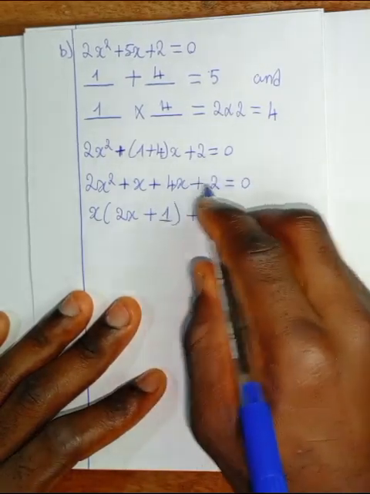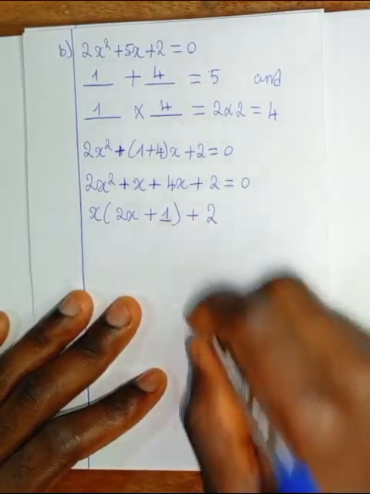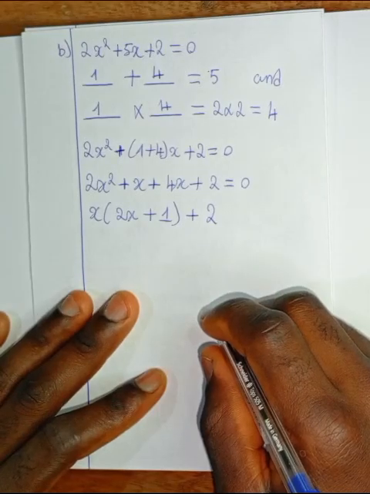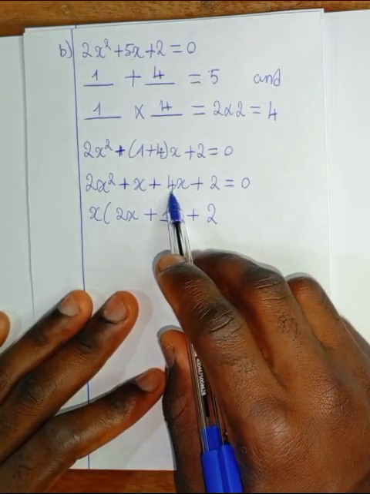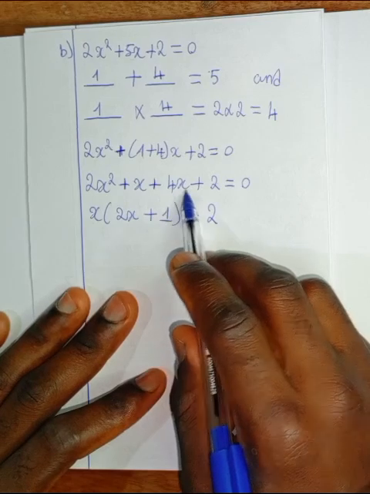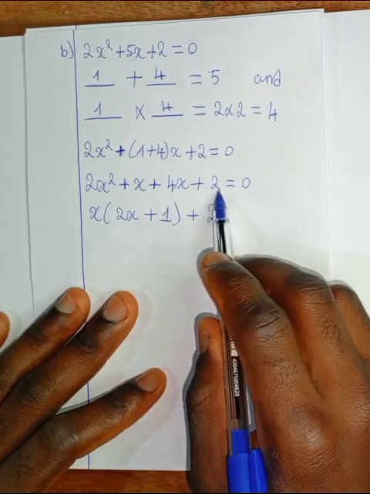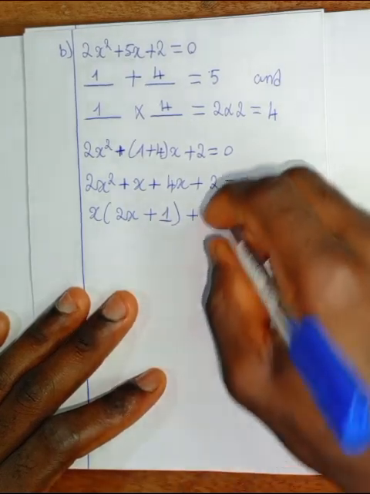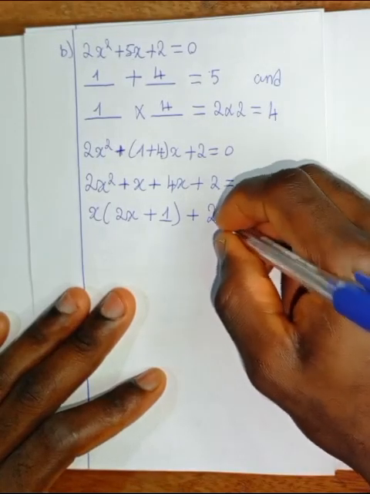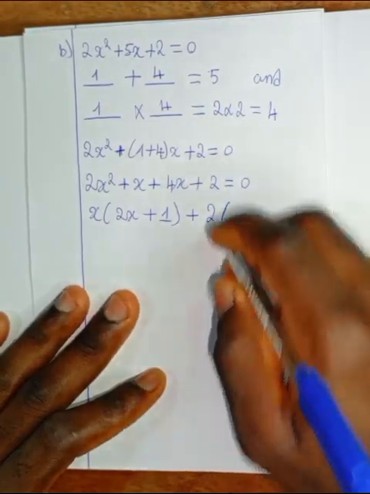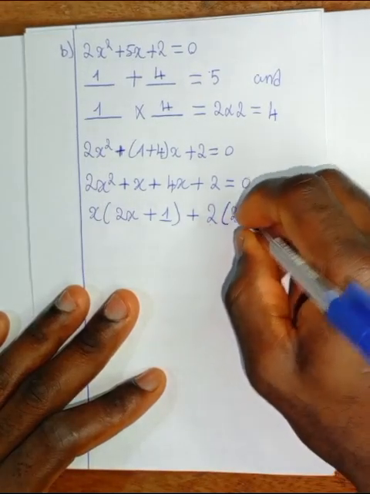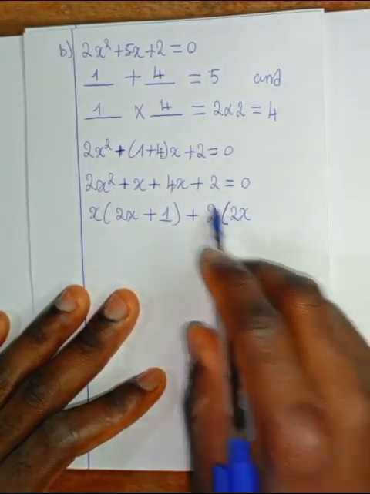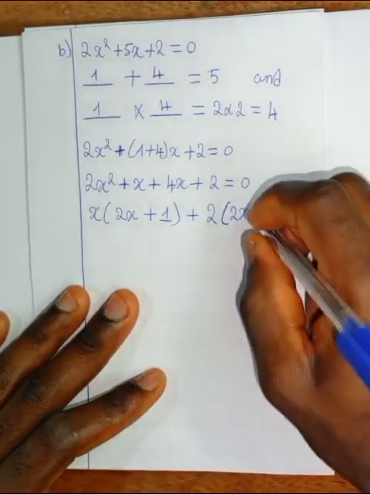Plus, looking at these two terms, you'll see that 2 is common because 2 is the highest common factor of 4x and constant 2. We open our bracket, we know 2 times 2 gives us 4. Then we are going to attach x to this 2. 2 times 2x gives us 4x.